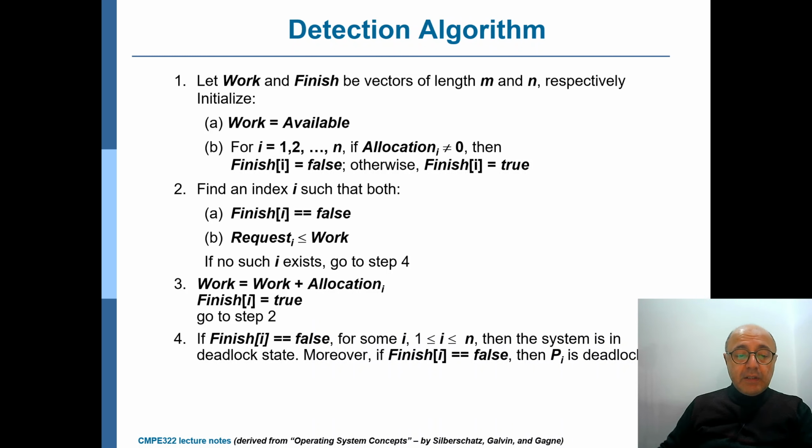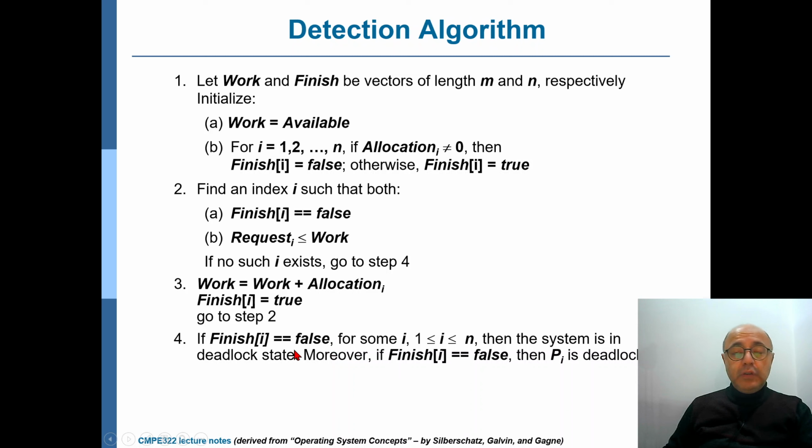This way you keep on repeating between stages 2 and 3 to see which processes can complete with the available resources. Finally, when you don't have any such processes left, you go to stage 4, where you check the finish array to see if there's any process with the finish value still false.